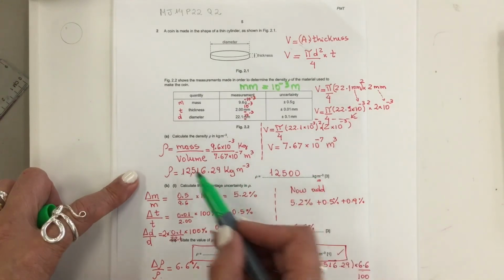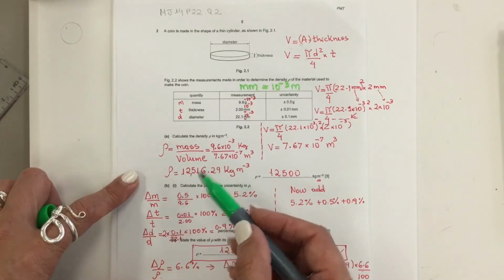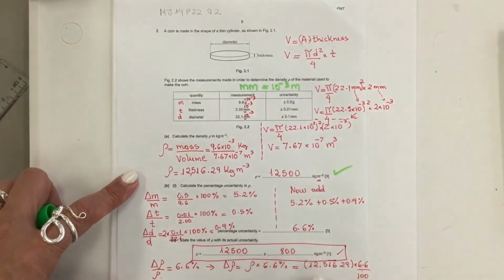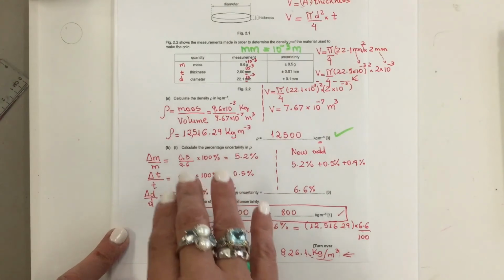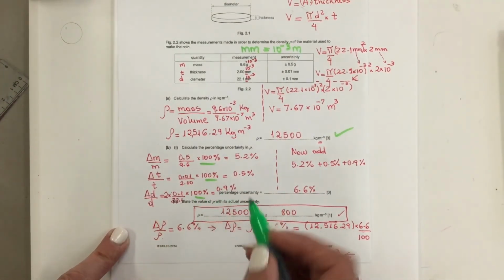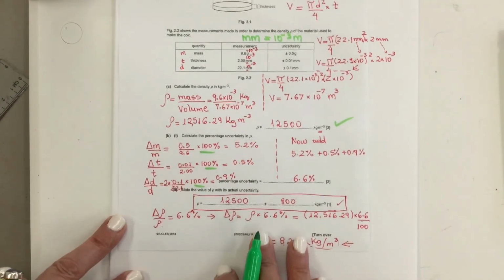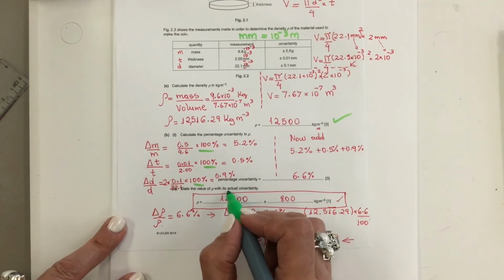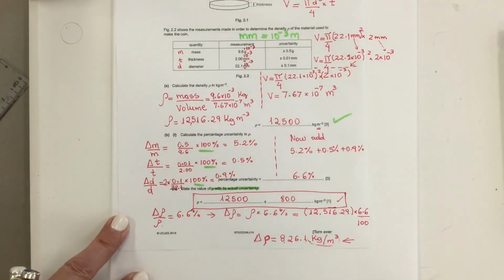You round because it's a very long number, so it would not be a proper way to present the result. And then you calculate all the partial uncertainties, as percentages. And then you add them. Now the final part is asking that you give the density with its actual uncertainty.